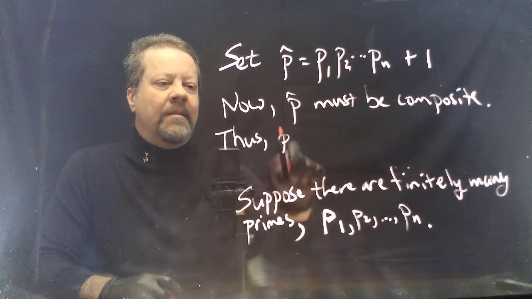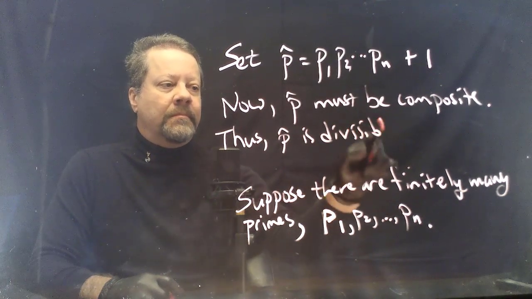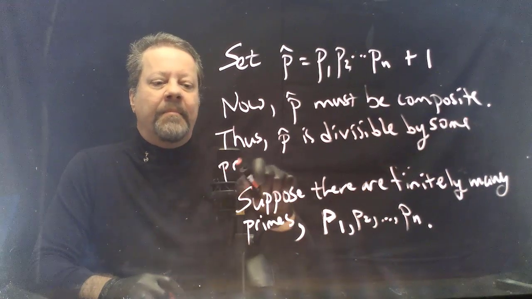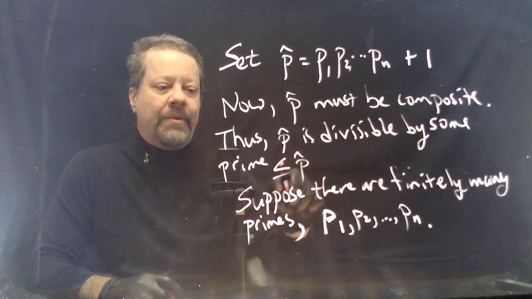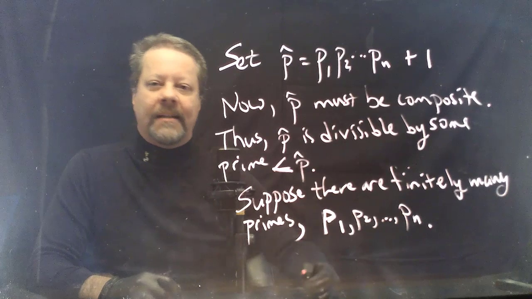Thus, P hat is divisible by some prime less than or equal to P hat, or strictly less than P hat, since we know that P hat itself is supposed to be composite.